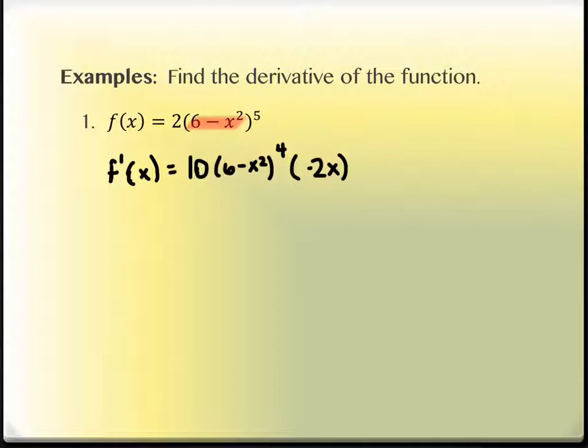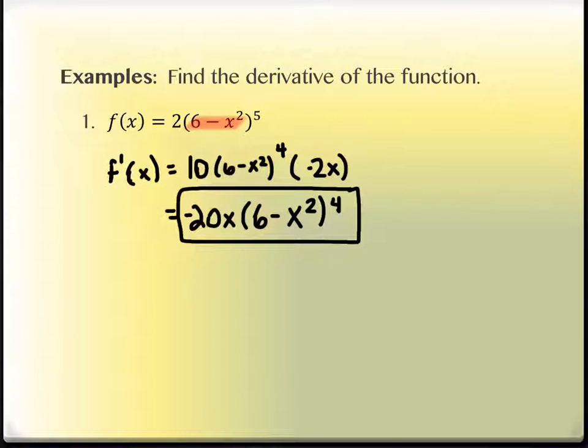I can't combine it with the part that's to the power of 4, order of operations kind of things. They're not alike. But I can combine the negative 2x with the 10 at the beginning. So this gives me negative 20x times 6 minus x squared to the 4th. And that would be my answer.